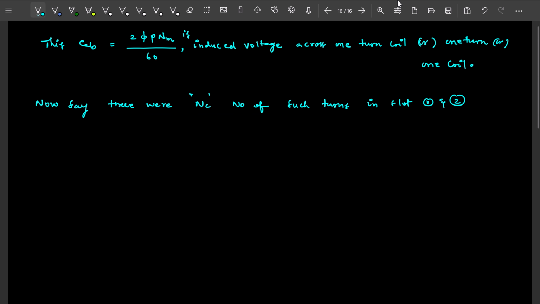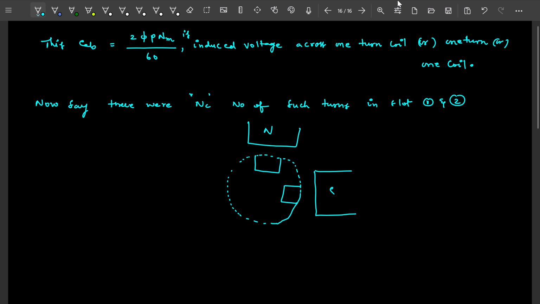I will draw that diagram. That is, we are going to have the armature like this. This is nothing but slot 1, and this is nothing but slot 2. Then here we are going to have a north pole, and then here a south pole.